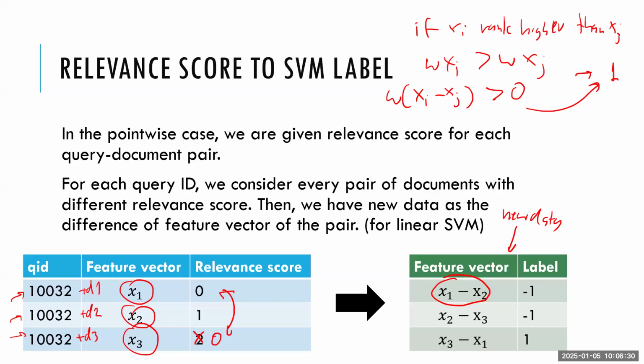So that pair will not appear at the end, right? So the only pairs that will appear in the new dataset will be the ones with different scores, because you can make a distinction about which one should rank higher.